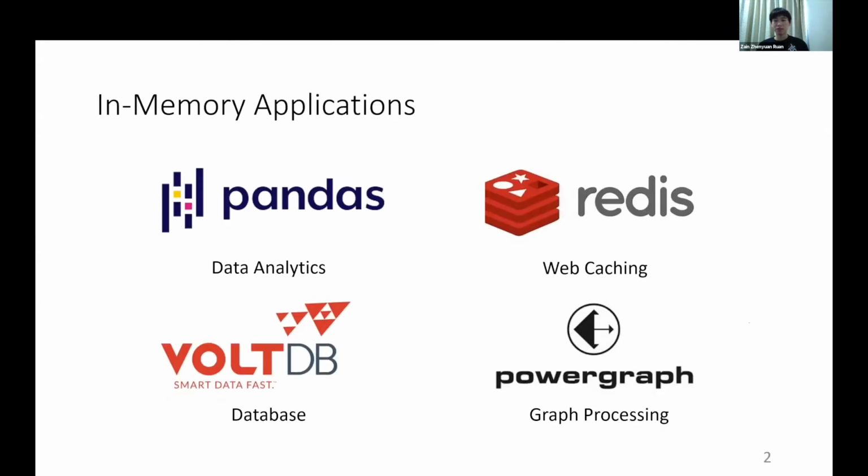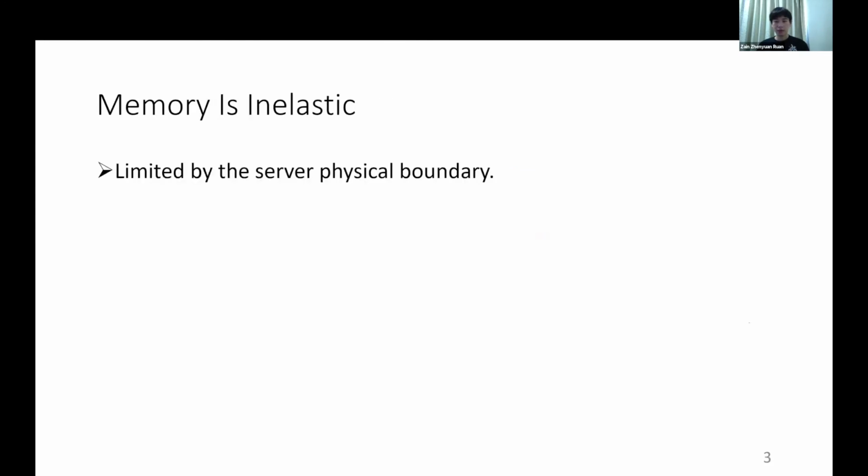Memory-intensive applications are widely used in our daily life. By putting the entire application working set into the main memory, they offer significant performance benefits compared with the traditional disk-based applications. However, meanwhile, memory is also a highly inelastic resource limited by the server physical boundary.